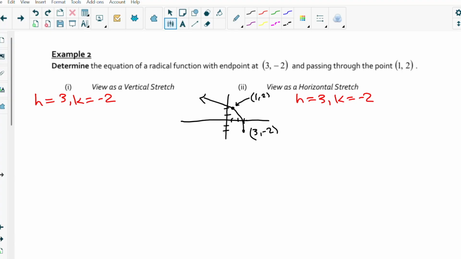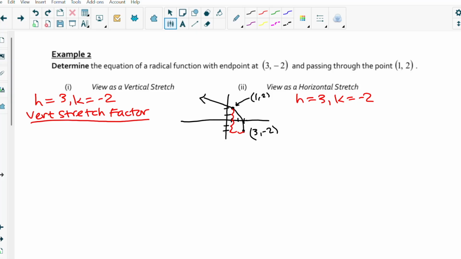For the vertical stretch, I need to determine the vertical stretch factor. If I go from here, I go 1, 2 units, and I go 1, 2, 3, 4 units. So every 2 units, I go 4 units up. So 2 units on the x-axis, 2 units horizontally, 4 units up. I'm going to think in relative terms.